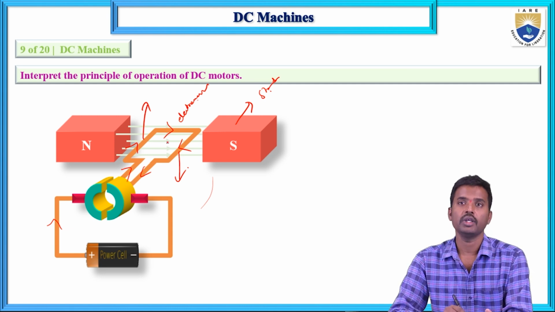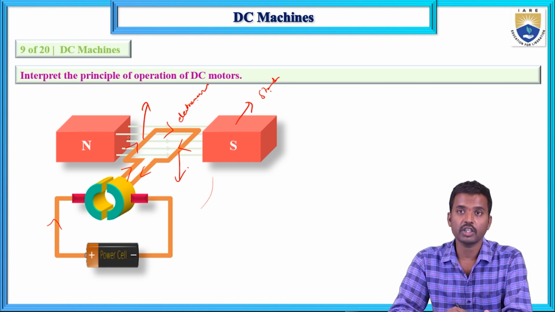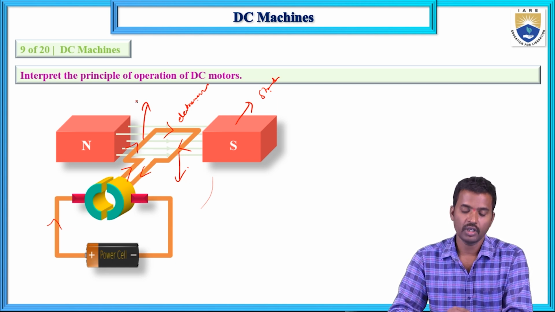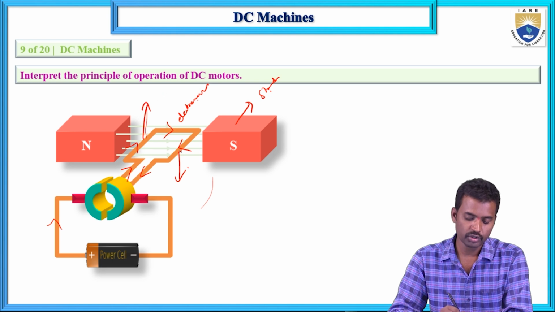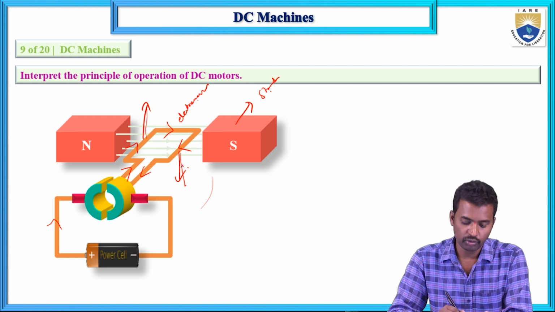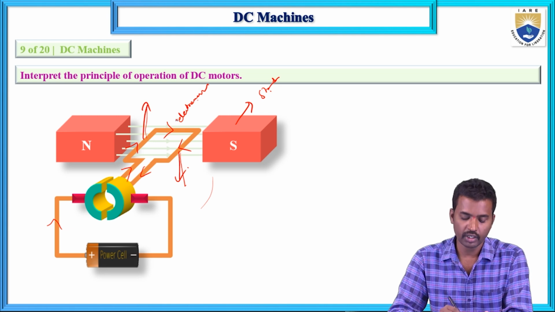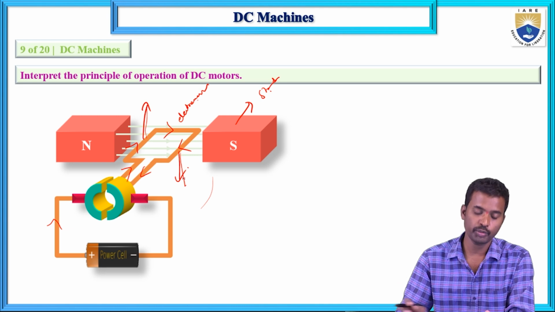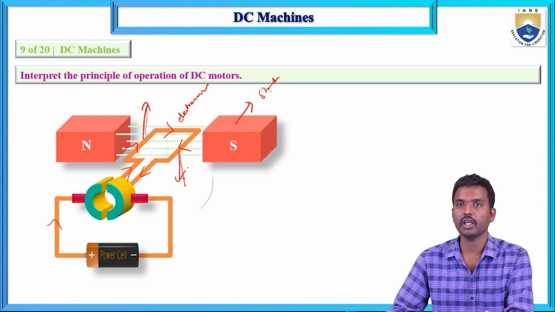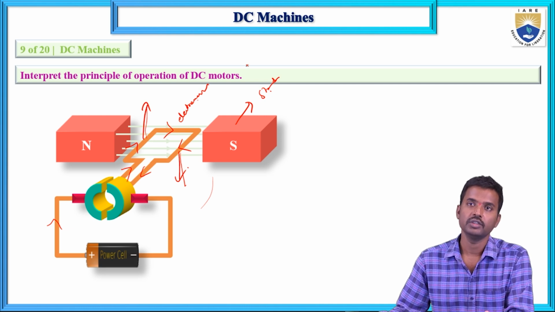Again apply Fleming's left hand rule: whichever conductor comes under the north pole gets an upward mechanical force, and whichever comes under the south pole gets a downward mechanical force. Due to these upward and downward forces, a torque is generated. This torque is the mechanical energy. In this way, mechanical energy is developed from electrical energy.